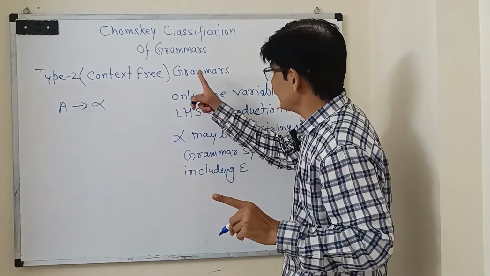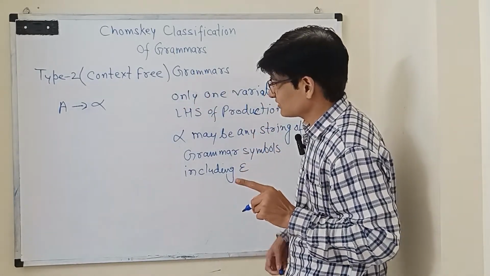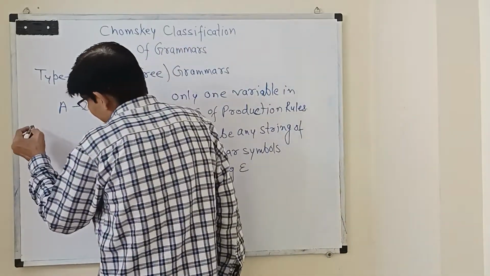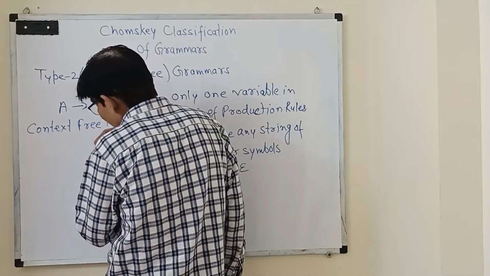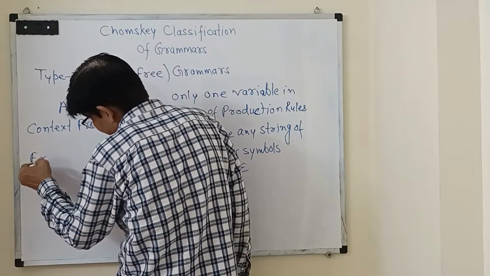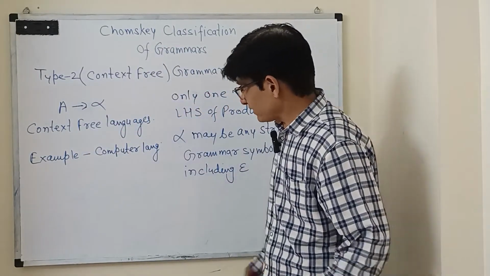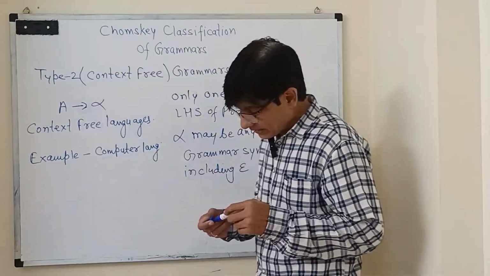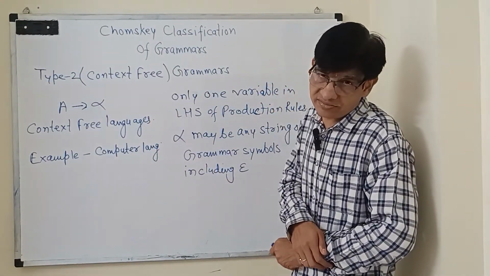Now, what kind of languages will this class of grammars generate? These will generate context free languages. Examples here are computer languages. One more thing: what type of mathematical model will we use to implement these languages on a computer system?